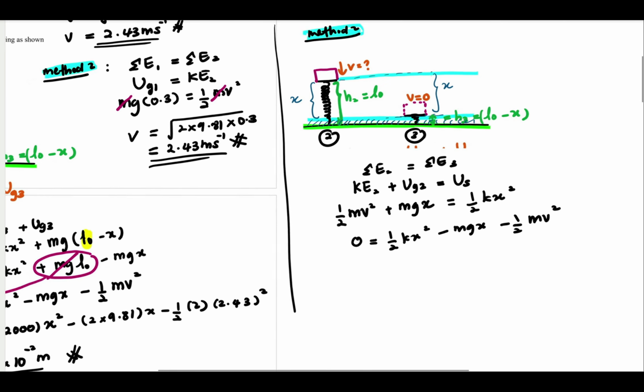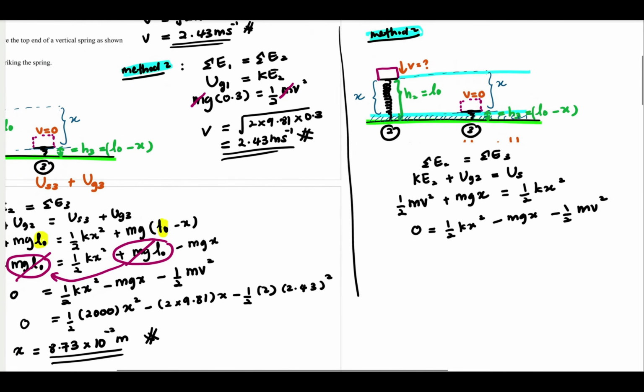So kalau kita compare dengan equation tadi, equationnya sama, half kx squared minus mgx minus half mv squared. So finally, jawapan you akan dapat sama dengan first method tadi. Okay, jadi yang lebih ringkas adalah second method.